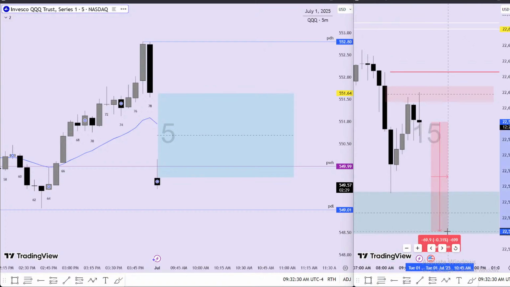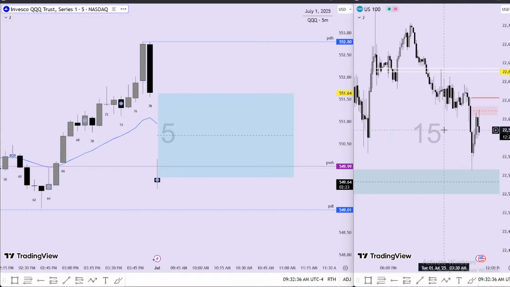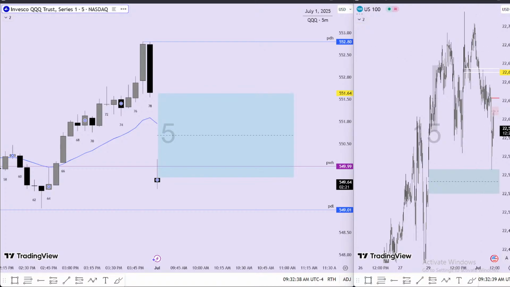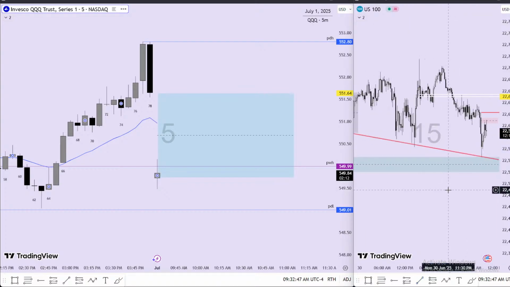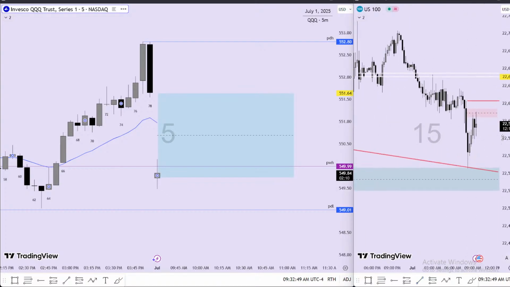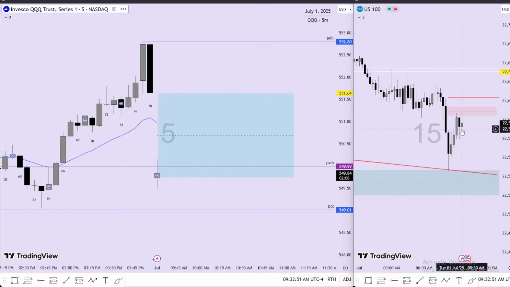How far is the gap? For the market to fill the gap, it needs 70 points, right? On a 15 minutes, the market made a wedge and closed above the previous.